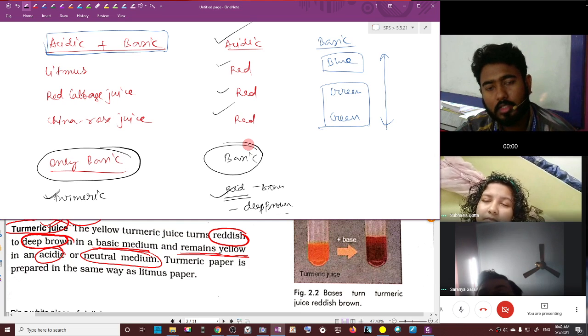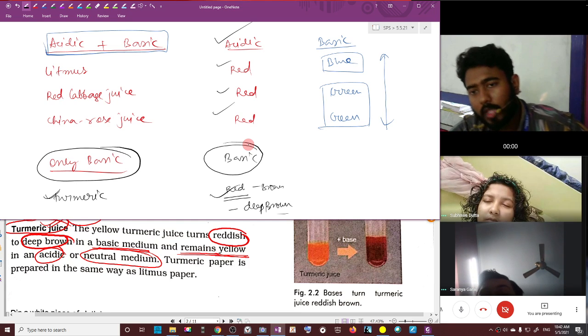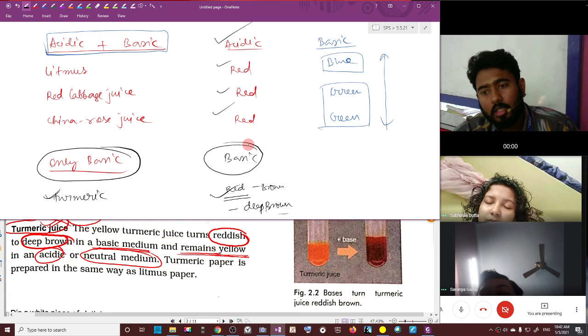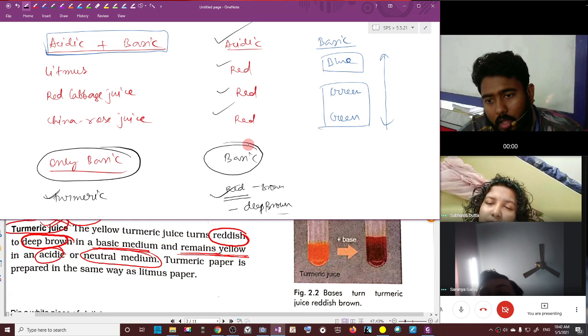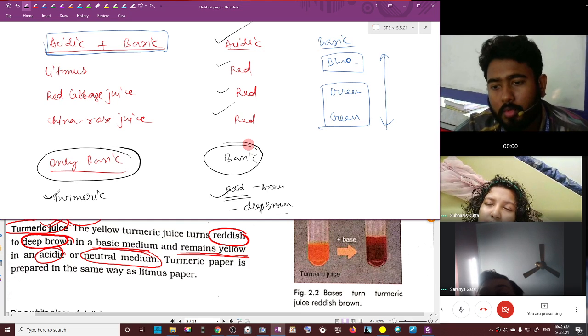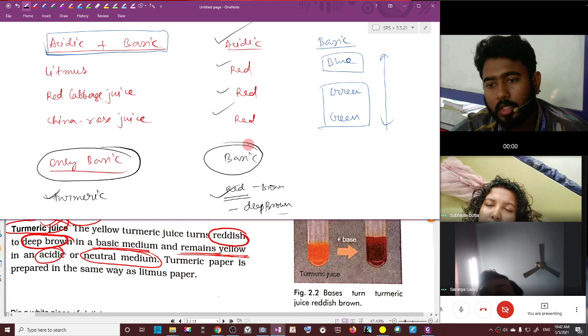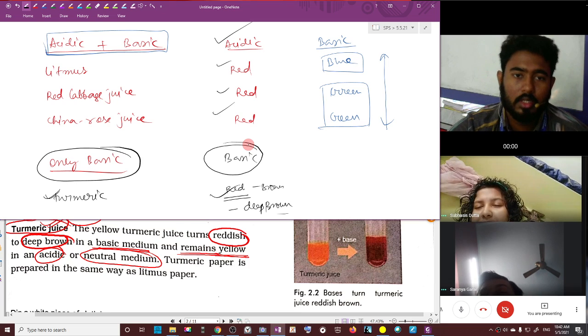Keep your eyes closed, and only open when I tell you. Now, for both acidic and basic indicators, if I want to indicate acidic, what will be their color? Red.